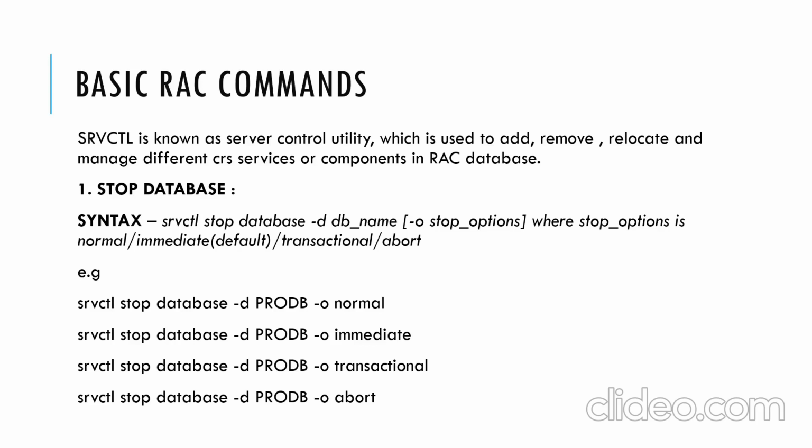So the command is like this: srvctl stop database -d database name. Here we have given proddb -o normal, and another example is srvctl stop database -d proddb -o immediate.